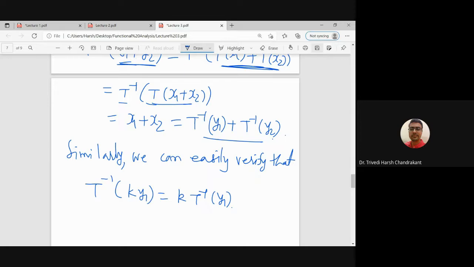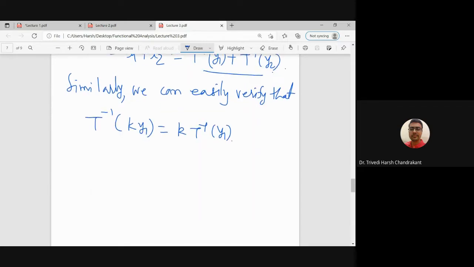So whenever T is an injective linear map, T inverse from the range to the domain is defined, and it is also a linear function.